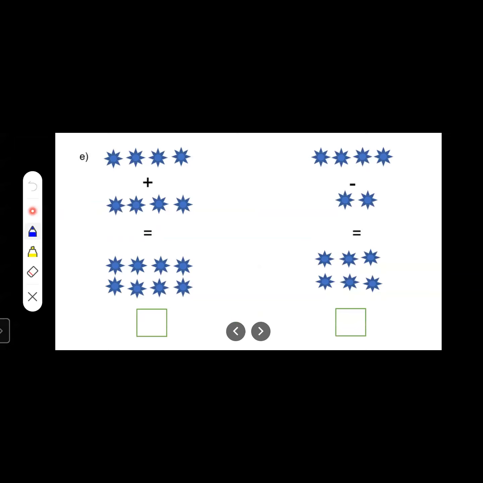So here you have to count the picture given and tell which one is the correct answer. So let us count this one first. Count it with me. Count it loudly, okay? So count the stars. 1, 2, 3, 4.